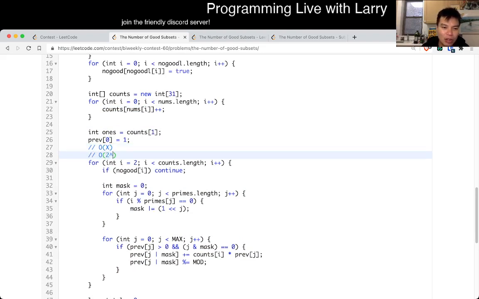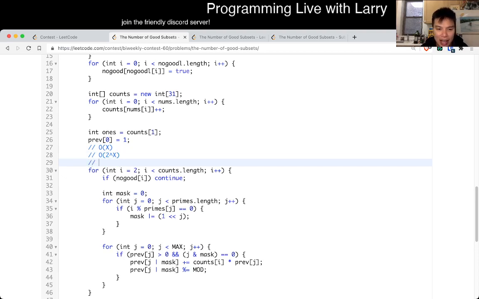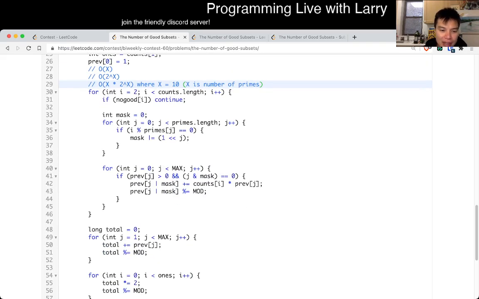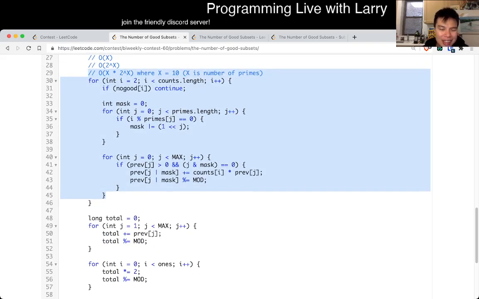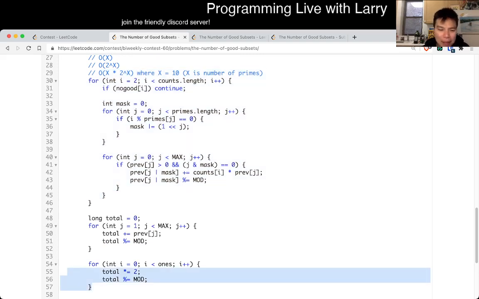So this is now O of X times 2 to the X, where X is the number of primes, which is 10. So this is the same formula. I also do this thing with ones, which you can do with mod power, but I didn't have to because this is at most 10 to the fifth anyway.